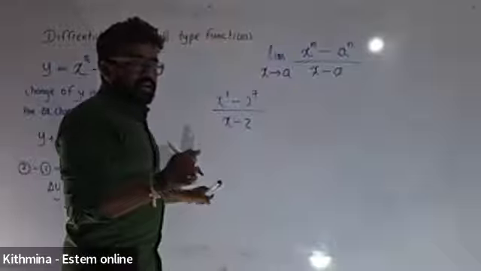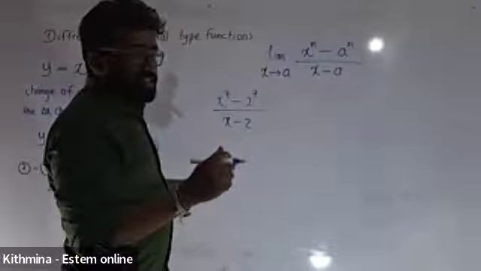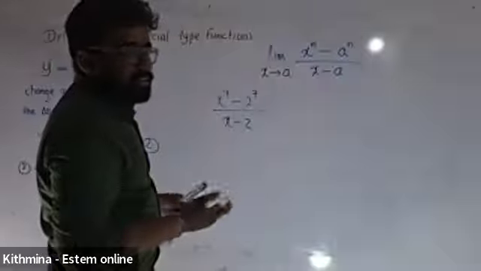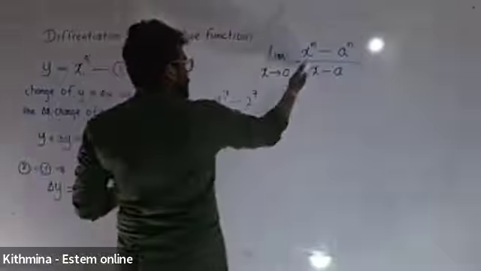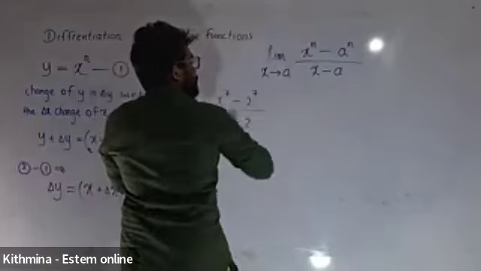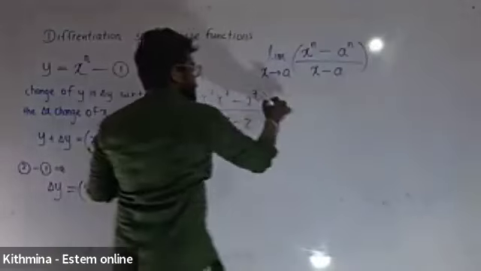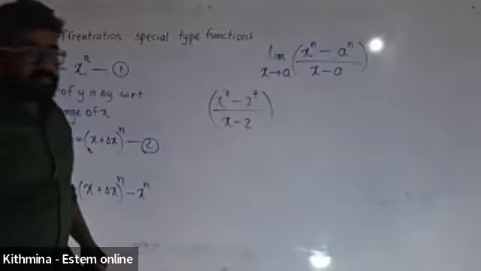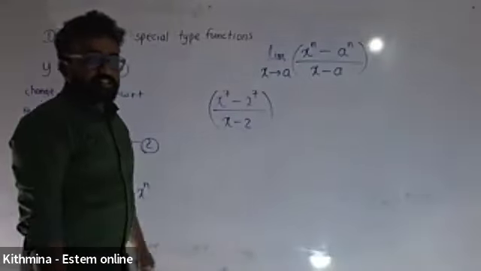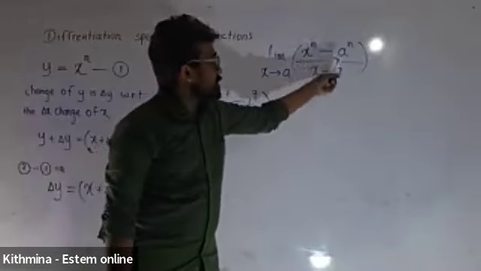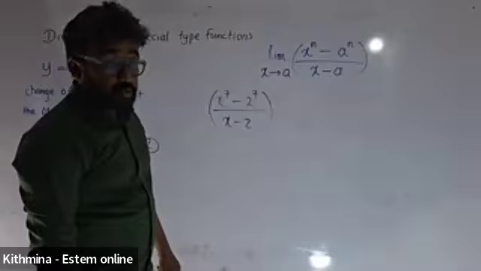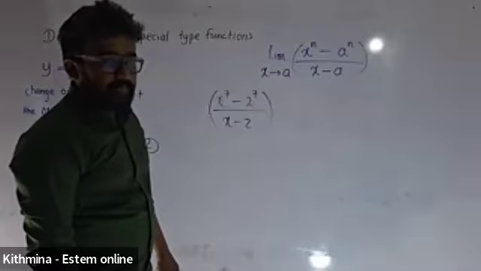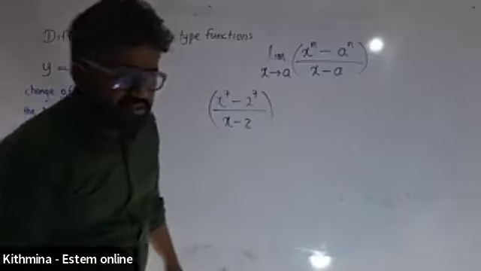Okay, Maheli, did you see some relationship between this and this? Yes, n equals 7 and a equals 2, right? Yes, that's it.